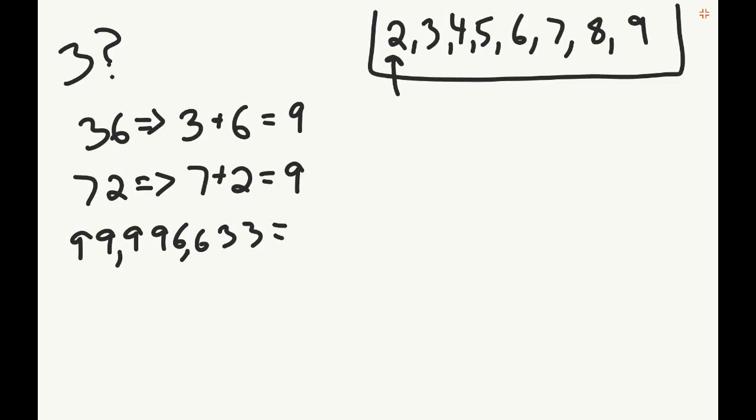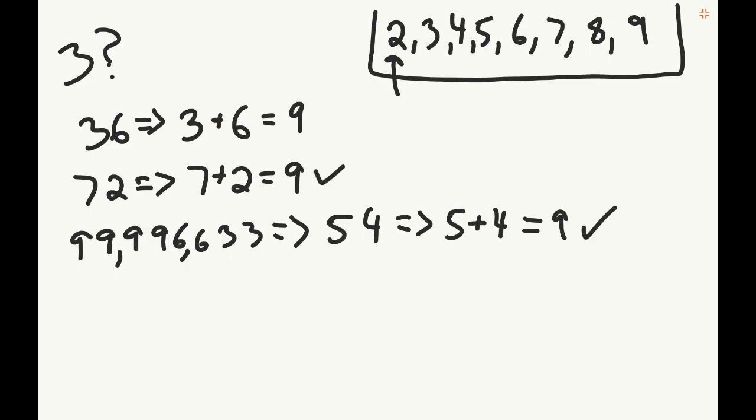So we got 9 plus 9 plus 9 plus 9, that's 36, plus 6 plus 6, that's 12 more, that's 48, plus 3, that's 54. So if you add up all the digits, that gives you 54. You're like, oh, great, I don't know if 54 is a multiple of 3 or not. Well, guess what you can do? You can do 5 plus 4. Is 54 a multiple of 3? That's 9, so therefore it is.